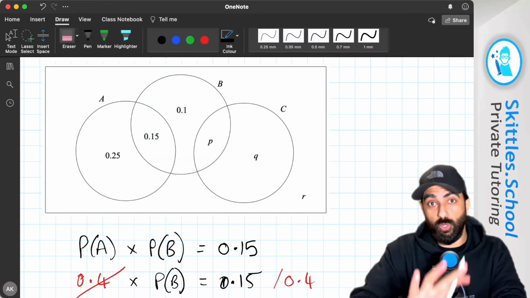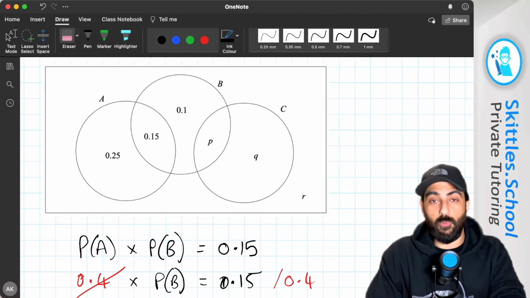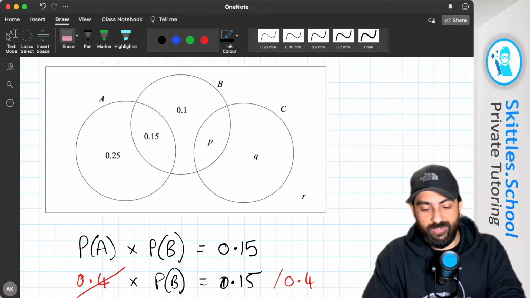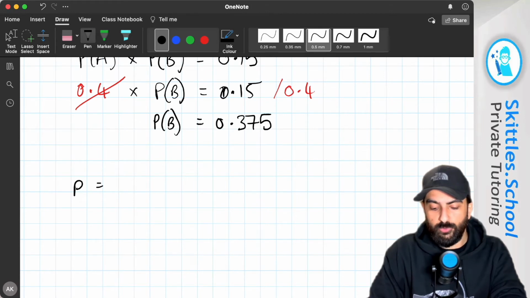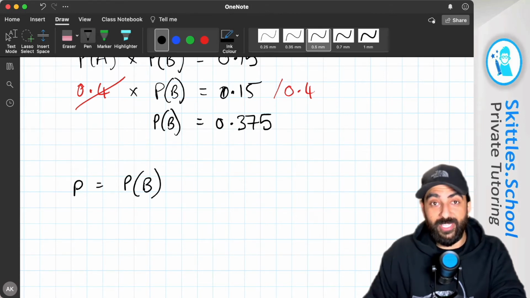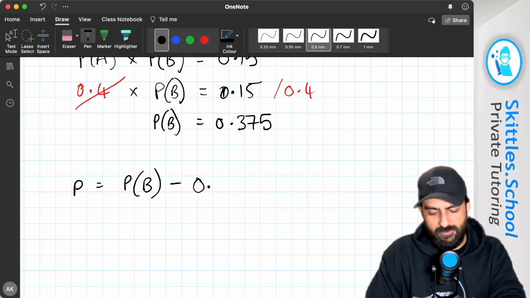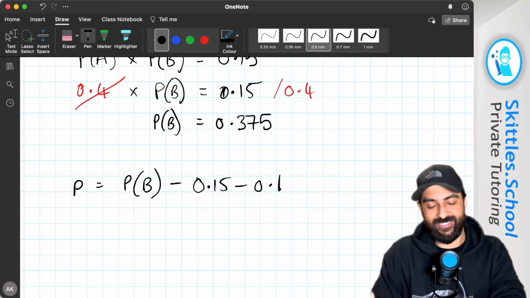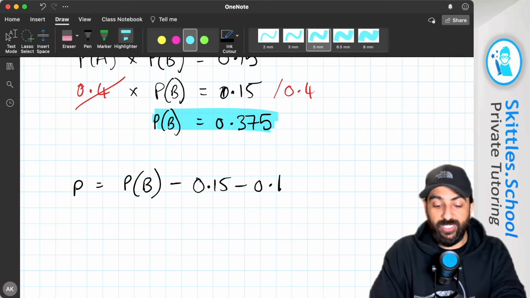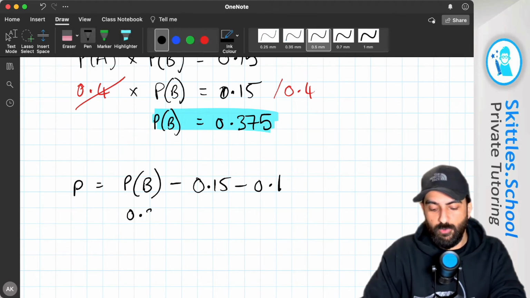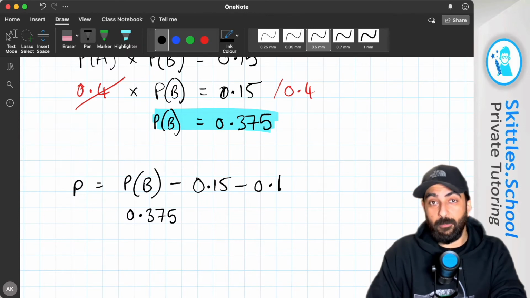We would do the probability of all of B, subtract 0.15 and 0.1, and that will give us P. We've worked out the probability of B in the last part, so we can substitute that in: 0.375 minus 0.15 minus 0.1 is the same as saying minus 0.25.